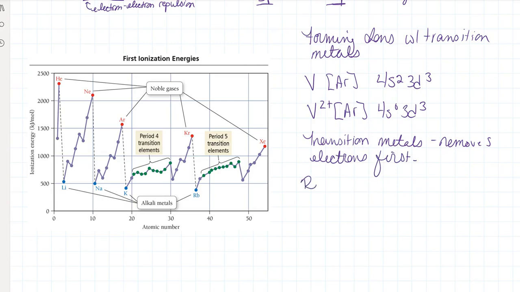If you'll recall, when we took a look at assigning where the d orbitals are relative to the s orbitals, we'll sometimes say that the d orbitals can be considered part of the core electrons, especially when we start to occupy those. We've also seen instances where having electron-electron pairing, we've been able to see our setup. But in this case, our 4s and our 3d orbitals are very close in energy.